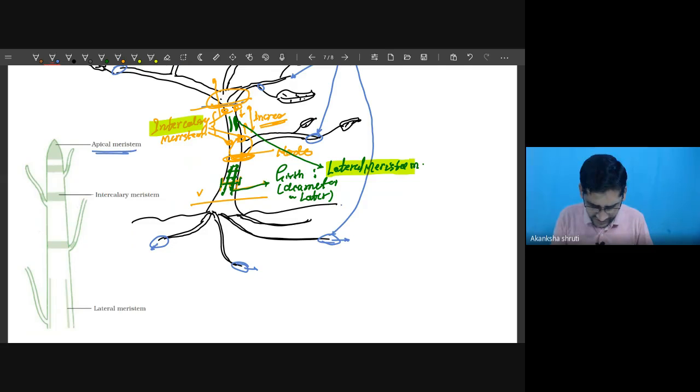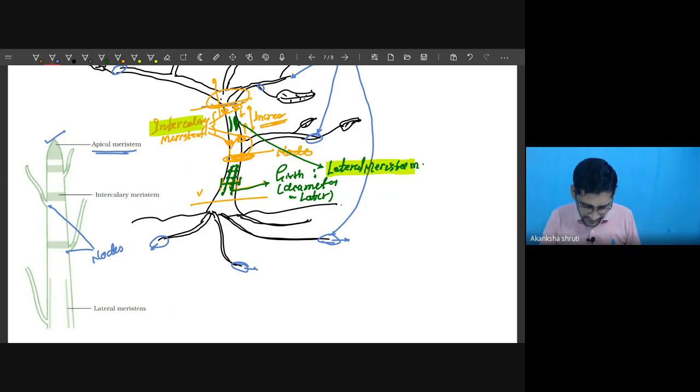These are at the top, also at the root. But these are the nodes. Nodes are the joints, where the branching occurs.